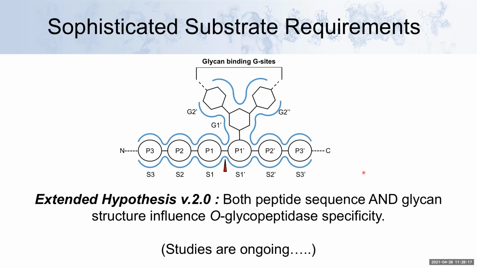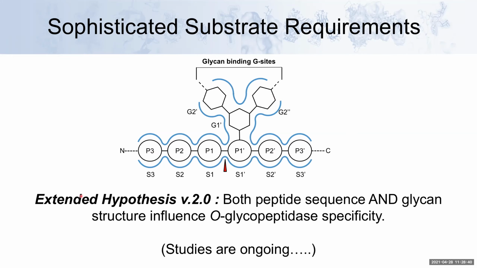Overall, though, where we're headed with this then is this really complex set of substrate requirements, where we have these glycan binding sites which vary between enzymes, but now we have this idea where the peptide sequence does seem to be important, and you can imagine that this begins to make the order of complexity orders of magnitude worse when we're studying these.